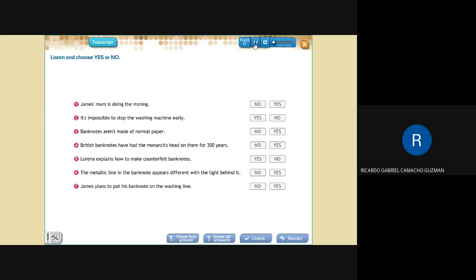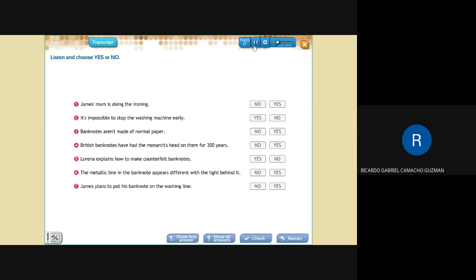Hi, Lorena. Come in. Hi, James. I'm doing the laundry for my mum. I've just put the clothes in the washing machine. Shall I switch it on for you? Go ahead. You can help do the ironing too. By the way, did you check the pockets?